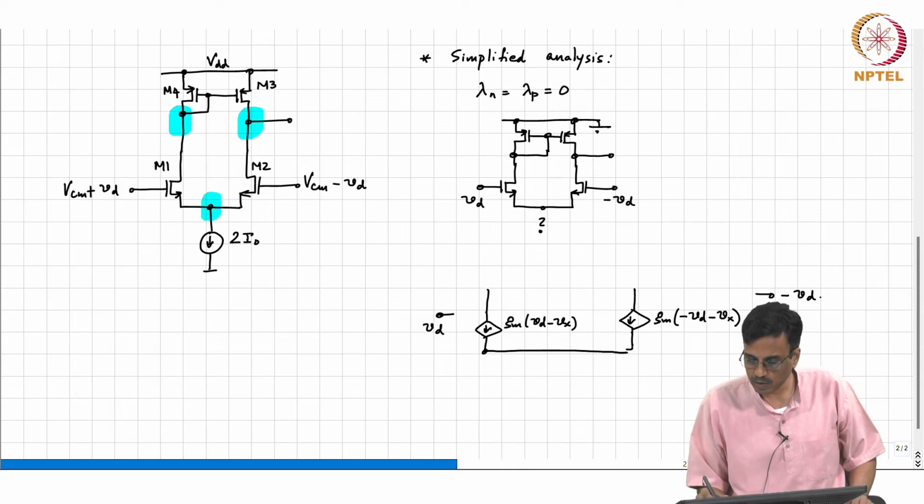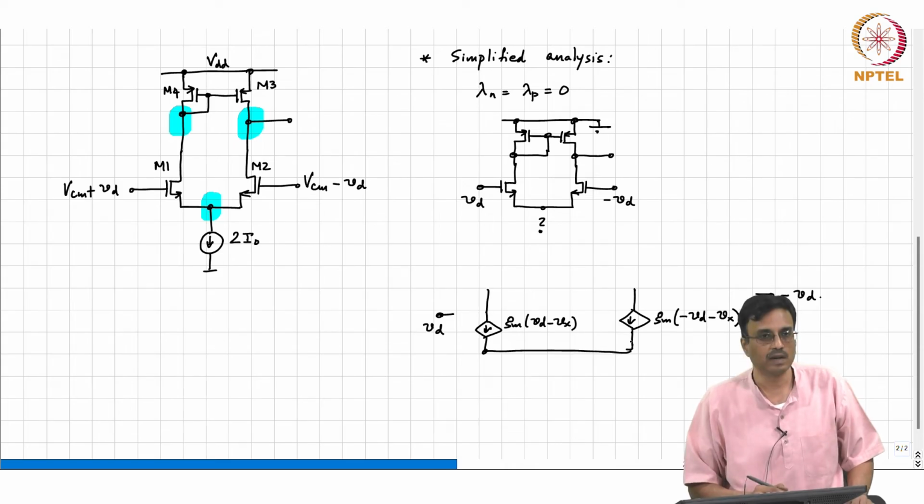The simplest thing to do is to write Kirchhoff's current law at that node. What does KCL say? The sum of those two currents must be 0.